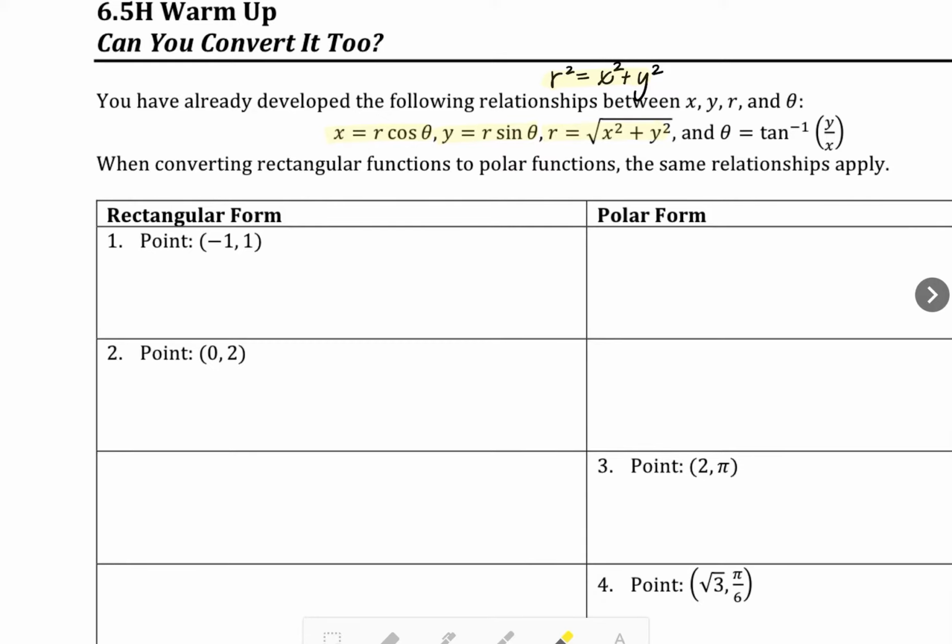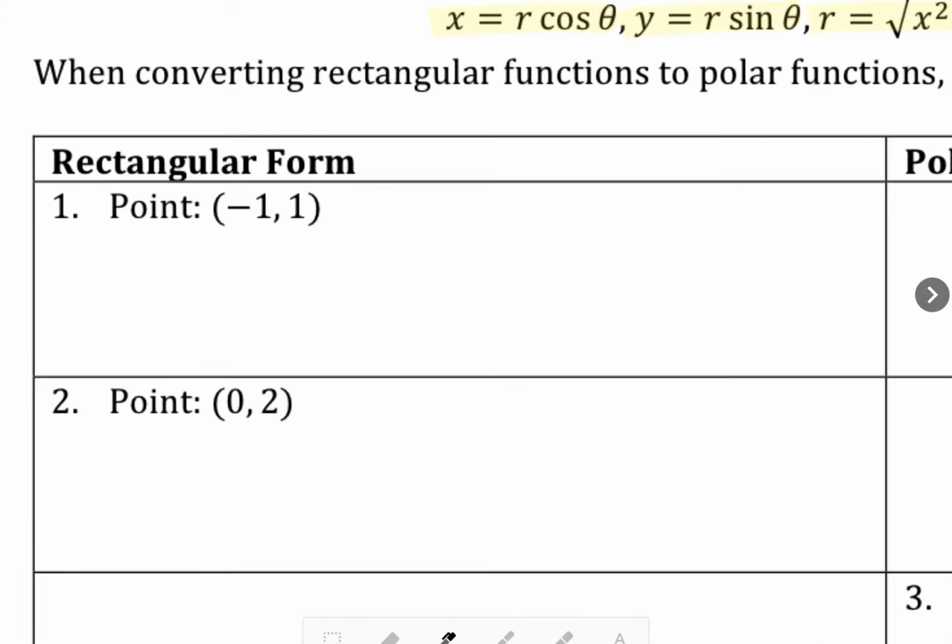So let's draw a triangle. How do I convert from rectangular to polar form? I'm going to draw this point (-1, 1) on our Cartesian coordinate. So (-1, 1) is drawn in that second quadrant. And I'm going to take that point that I drew and draw a right triangle. So I know my x coordinate was -1, my y coordinate was +1.